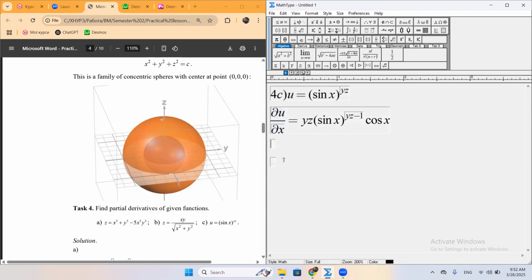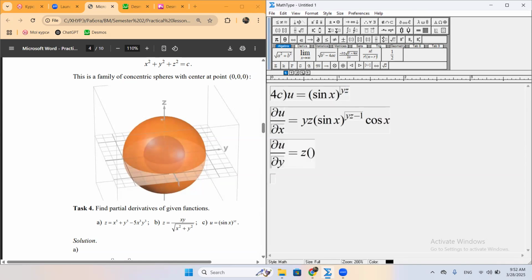Now du by dy equals, here we have an exponential function, because for y it is an exponential function. And z is a constant multiplier in this case.